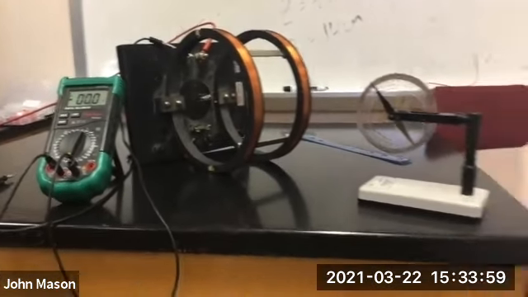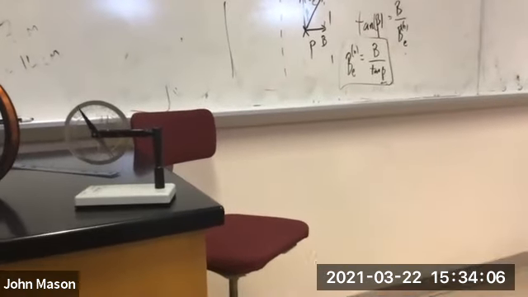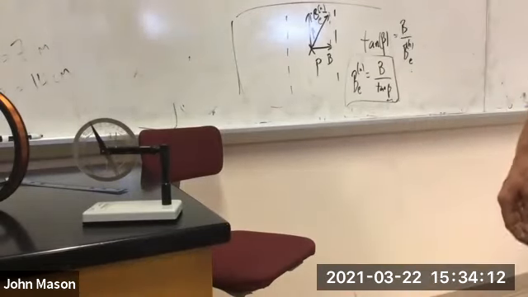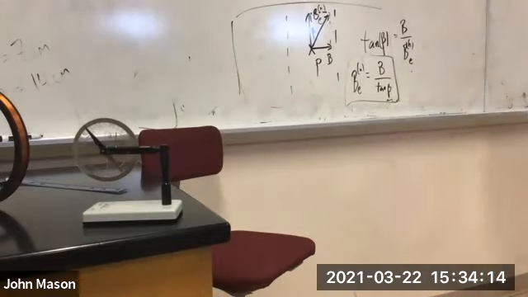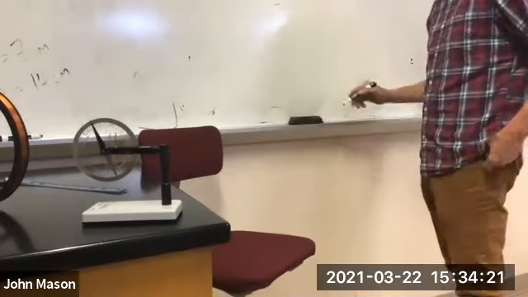Now, doing similar geometry to what I did over here on the board, I can do some analogous geometry with the vertical component here. And we can calculate the full B field of the Earth. So now we're going to use our known horizontal B field.